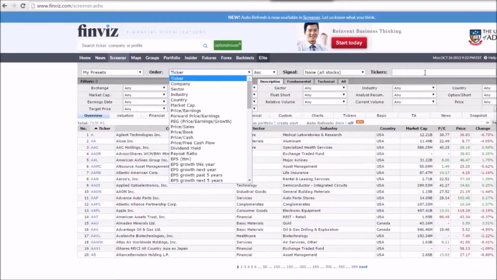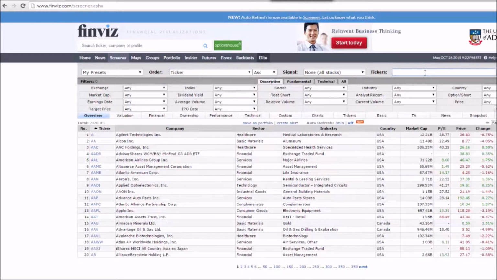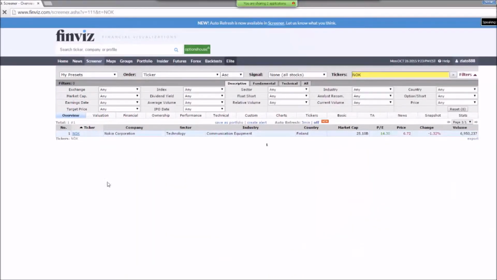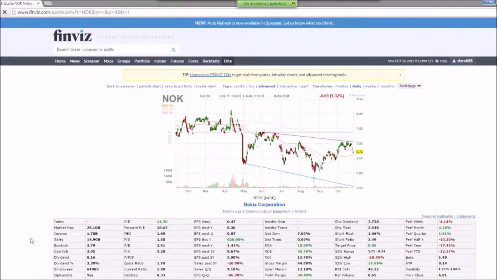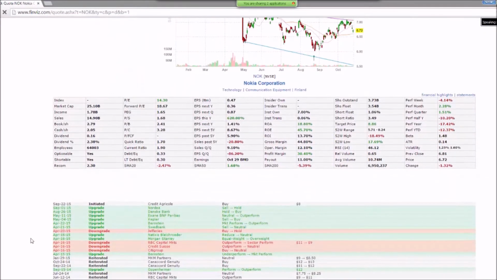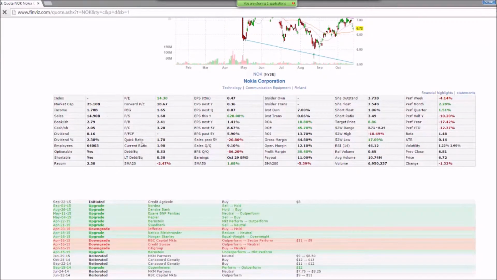Assuming that we'll have a look at Nokia, we'll see the company. When you click on Nokia, you'll see practically all ratios and all information about this company. And it's much more detailed than if you go to Yahoo Finance or Google Finance or MSN Money, whatever.